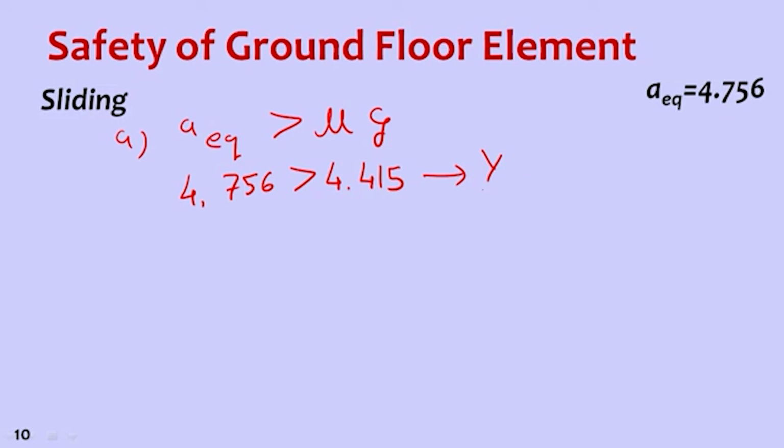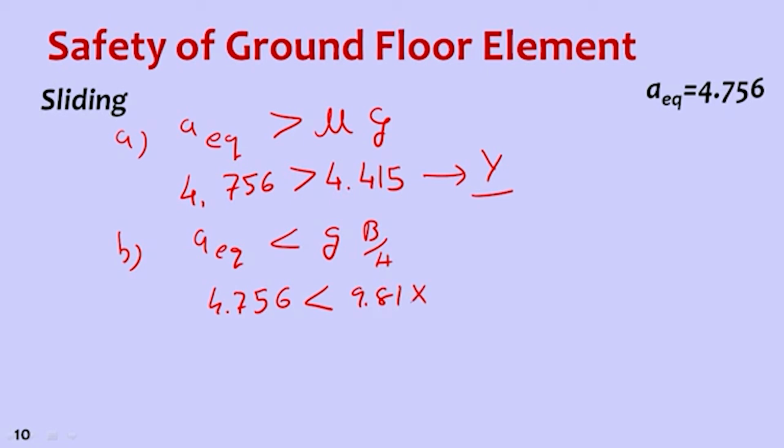So for the first case itself we got yes, so we can directly say unsafe, but let us go for the second as well. AEQ, is 4.756 less than 9.81 into B by H.